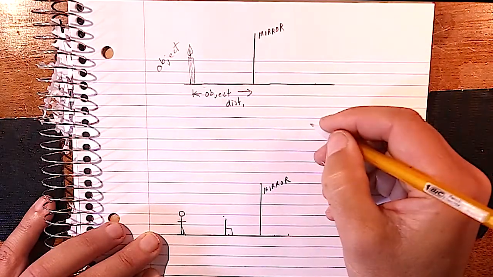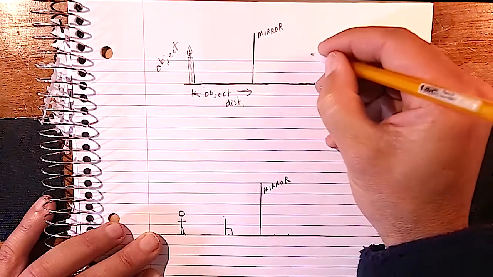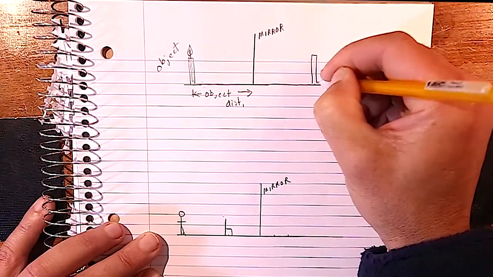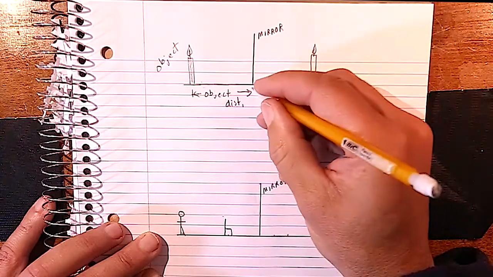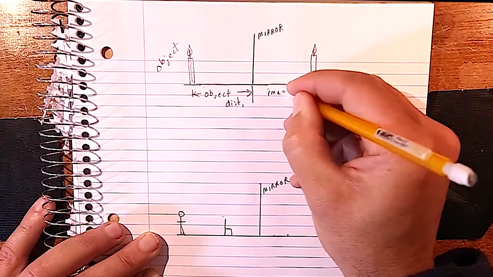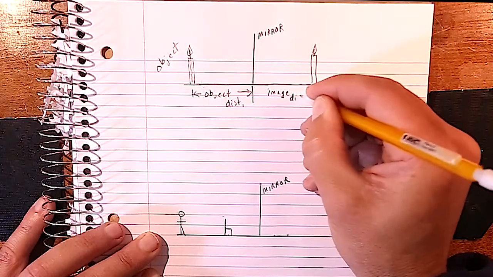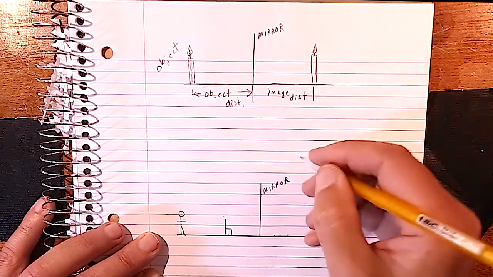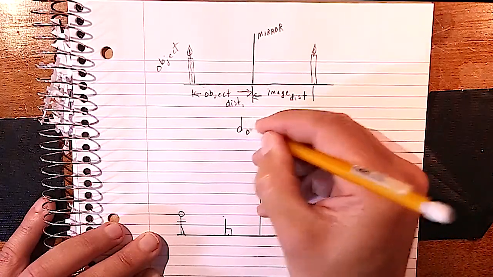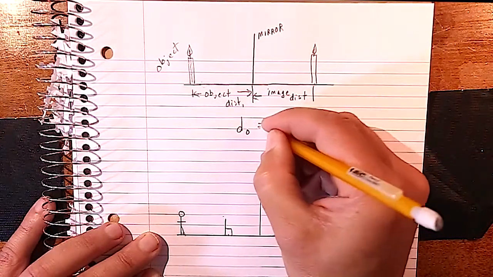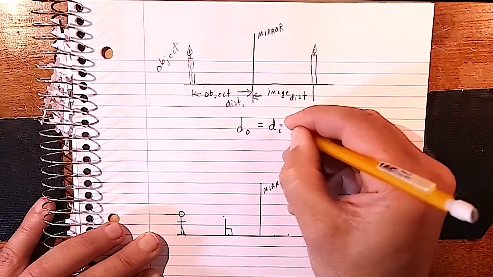Well, the reflected distance has to be exactly the same, and we just said that before. So there's kind of a silly formula for this, but this is called the image distance, and we know that they have to be equal. So what's the formula for that? DO, the object distance, has to be equal to the image distance.